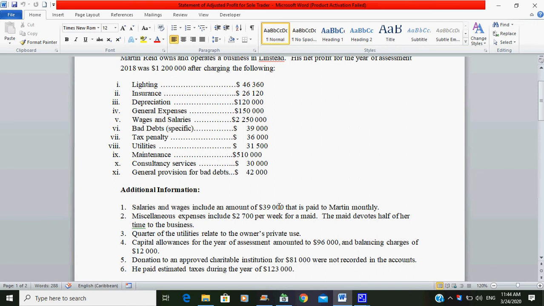If you go back to your notes, you realize that any money that is paid to the owner should be added back, because it is seen as drawings. It is somewhere in your notes. If you read back through your notes, you'll see it. Any money that is paid to the owner should be added back. Good?